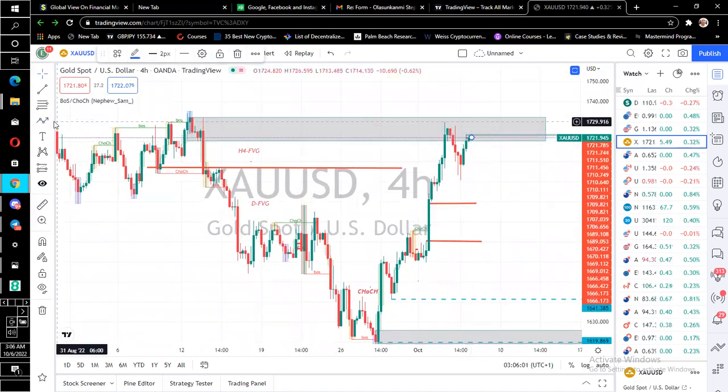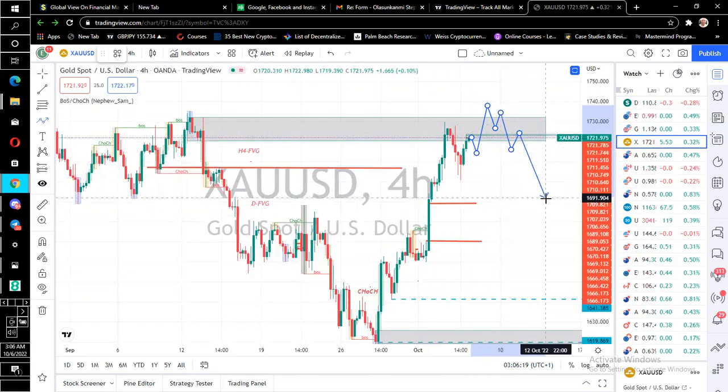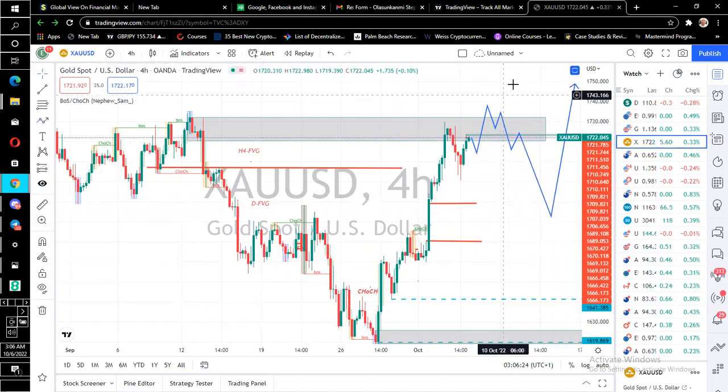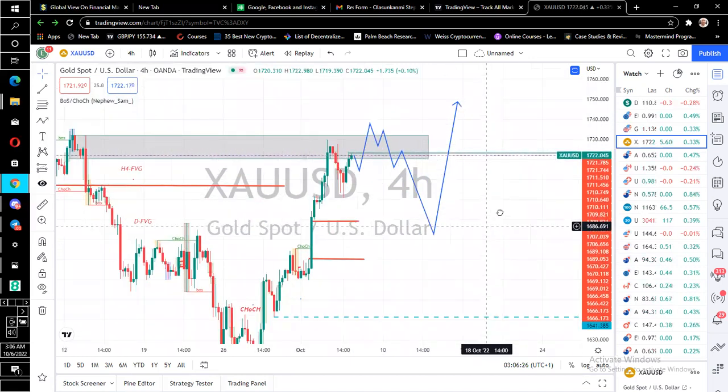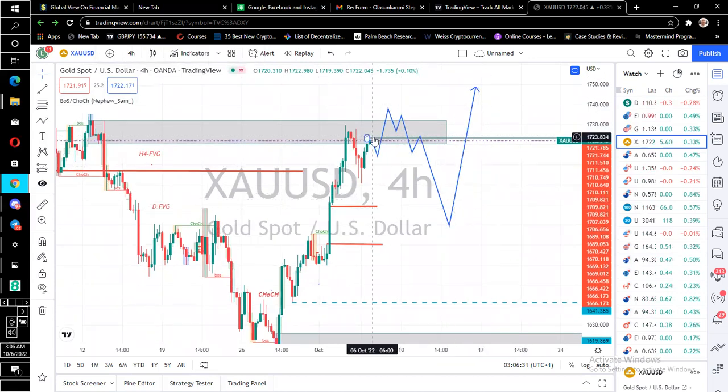A push to the downside into this average, and a flush above this high, then I will expect to see a pattern that tells you to go down from here. This is what I'm expecting from here. So for today, we're expecting to see something like this push again, before it comes back again.